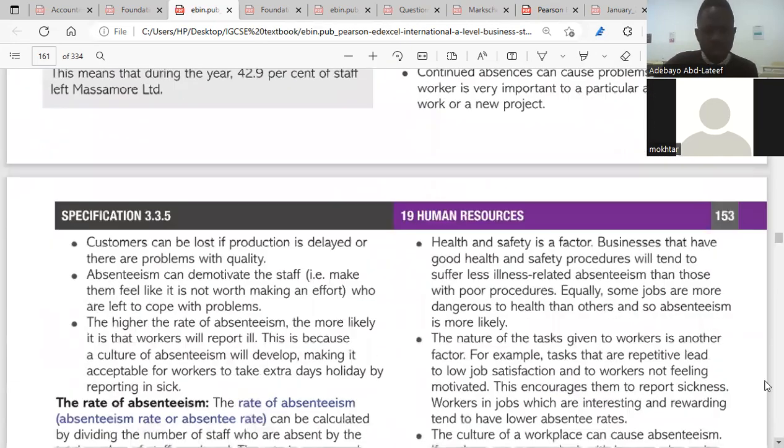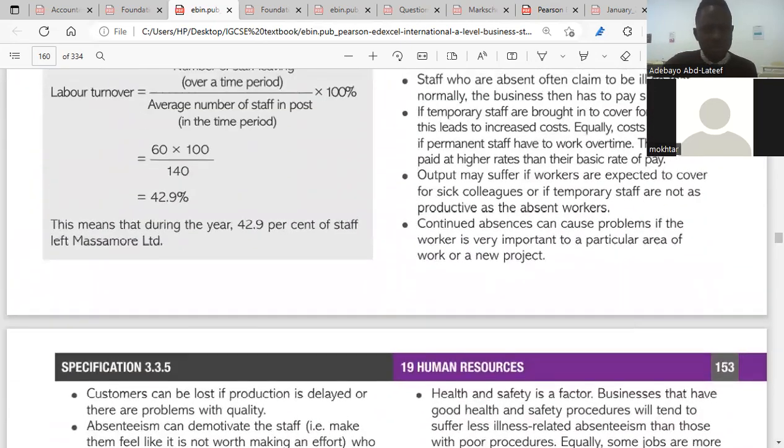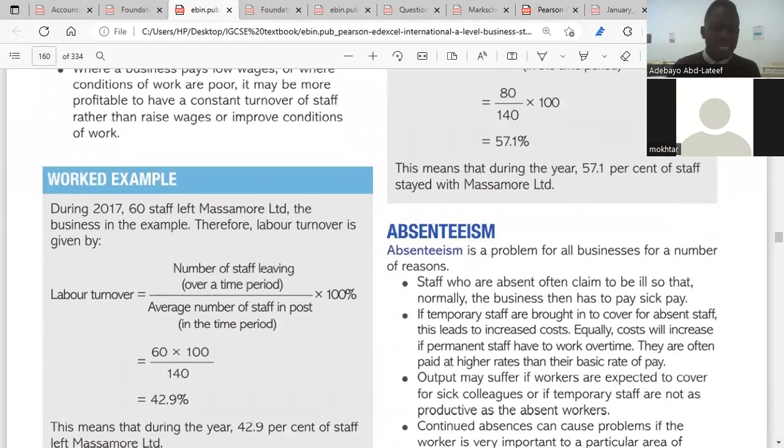Then we have absenteeism. Absenteeism means the habitual pattern of absence from a duty. That means how habitual your workers seem to not want to be at work. They continue to leave work. They continue not to be present at the workplace, giving different excuses.